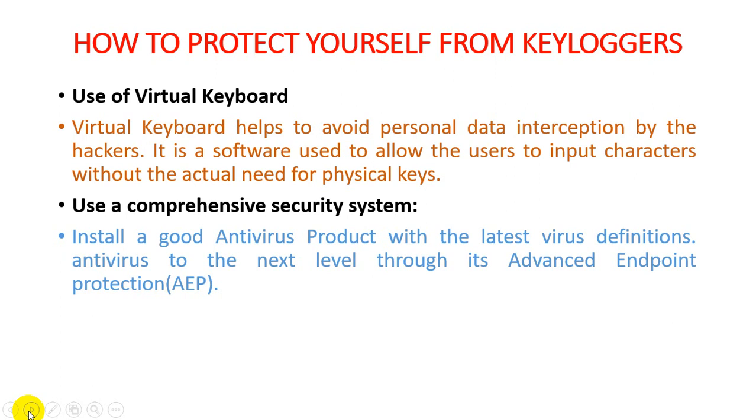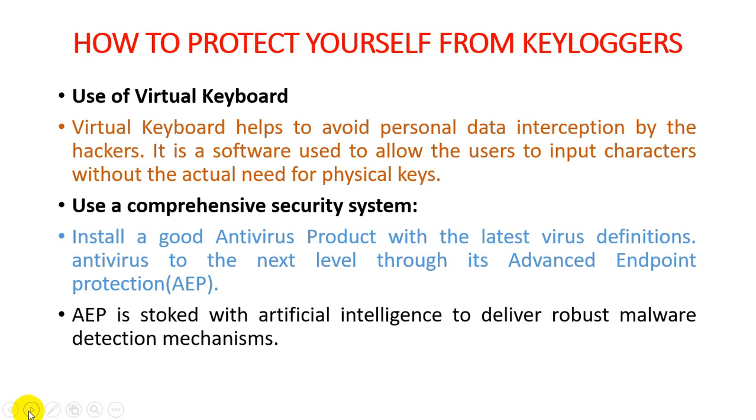AEP provides protection against keyloggers, so if we are using a licensed antivirus, it can provide AEP against keyloggers. AEP is stocked with artificial intelligence to deliver a robust malware detection mechanism, because as we said previously, someone can install a keylogger with the help of malware. So if we install the latest antivirus, it can provide security against malware.